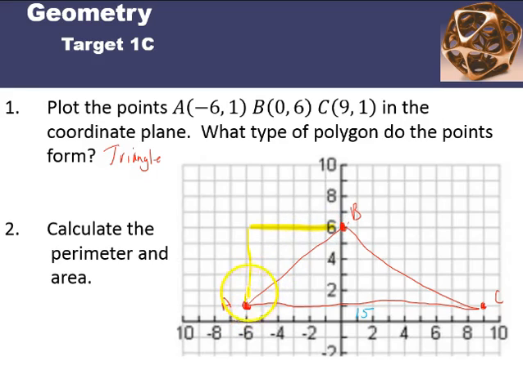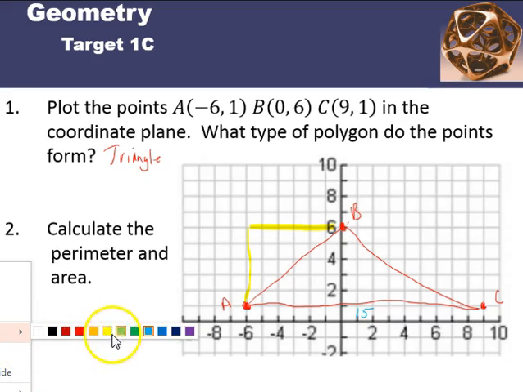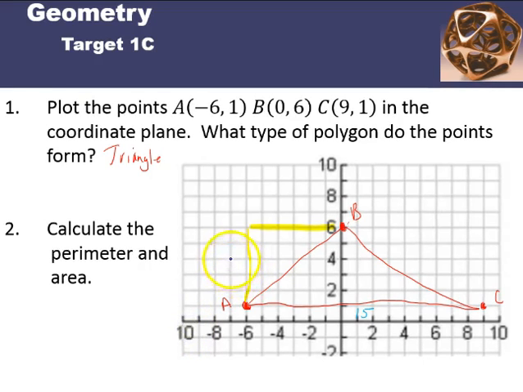So it looks like I went up 1, 2, 3, 4, 5, and over 1, 2, 3, 4, 5, 6. Okay, so let me write that down. So this is 5, and this is 6. And this is the hypotenuse.